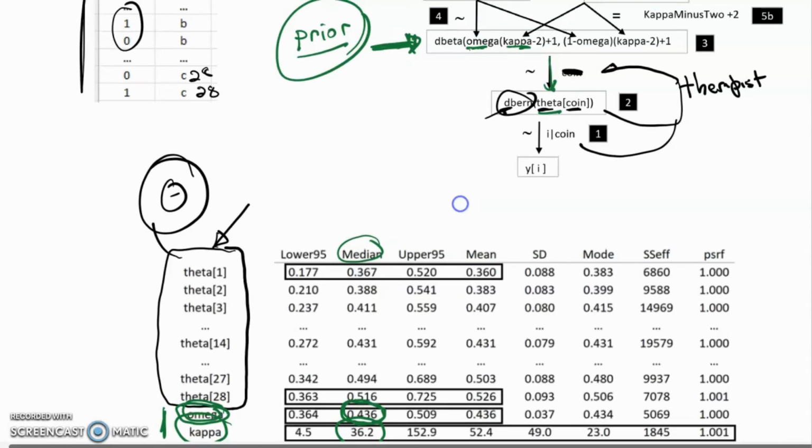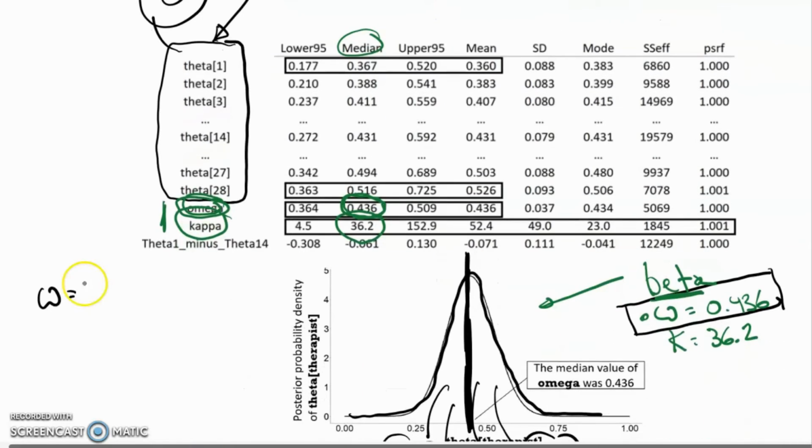It's the mode of the beta distribution from which the individual thetas are selected.